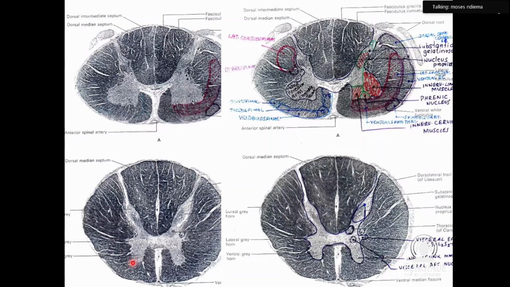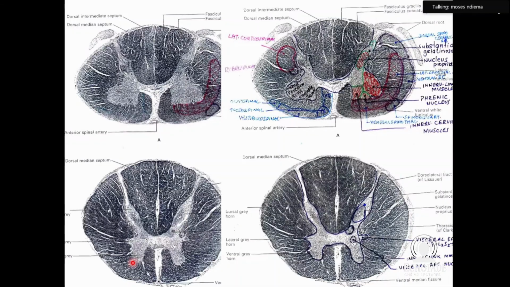These lesions could be transection of the spinal cord, either trauma, where you have compression lesions following accidents. Remember, the spinal cord is protected by the vertebral column, but when we have fractures of the vertebral column, then there might be compression, and that is trauma.